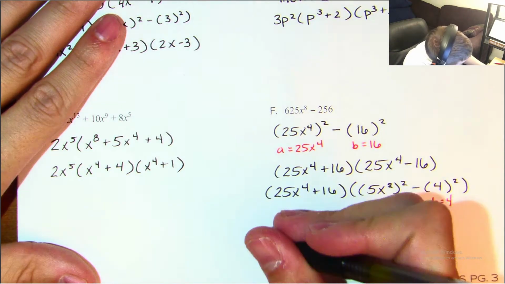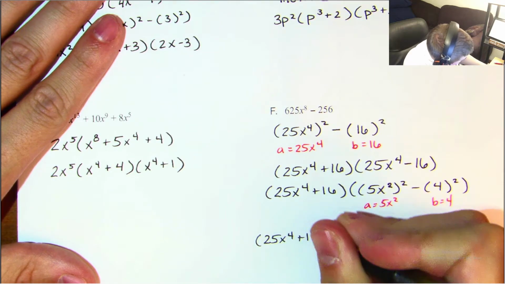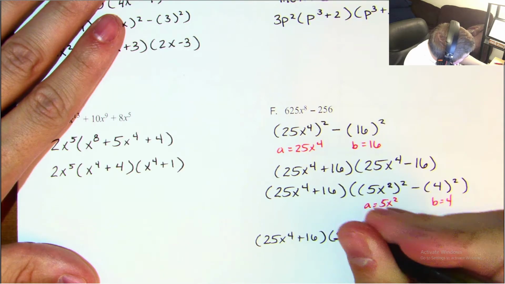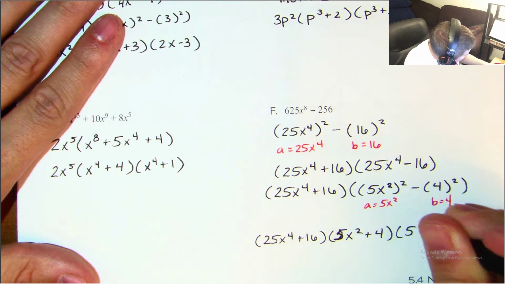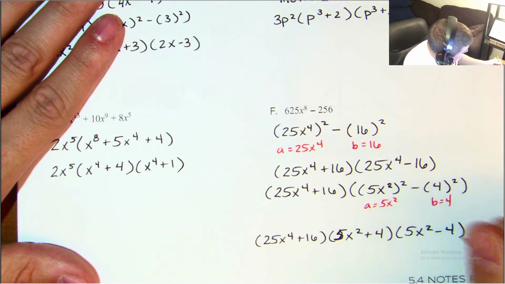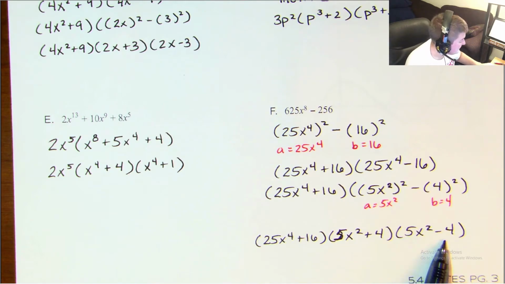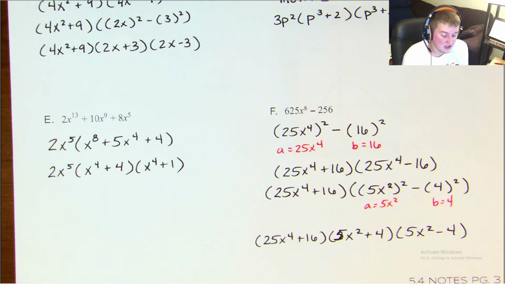So this is going to factor into 5x squared plus 4 times 5x squared minus 4. 5's not a perfect square, so this isn't a perfect square. It's not a perfect cube either, so this is its answer completely factored out.